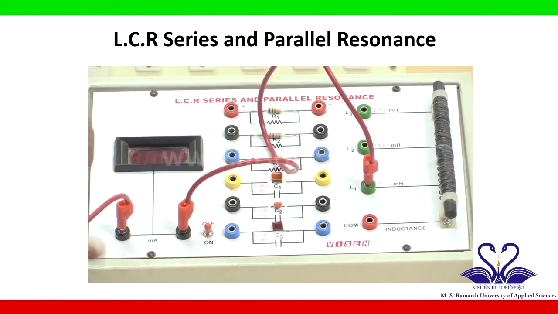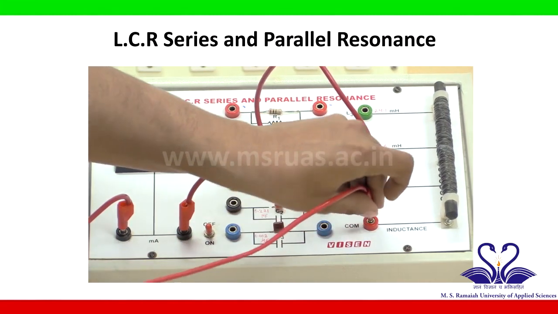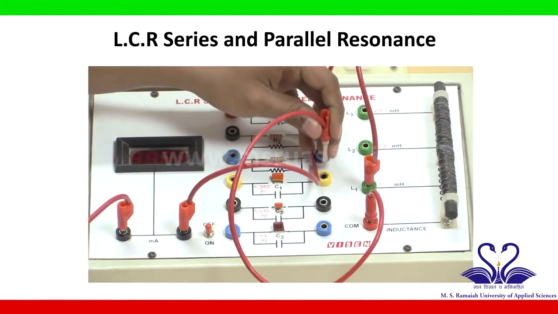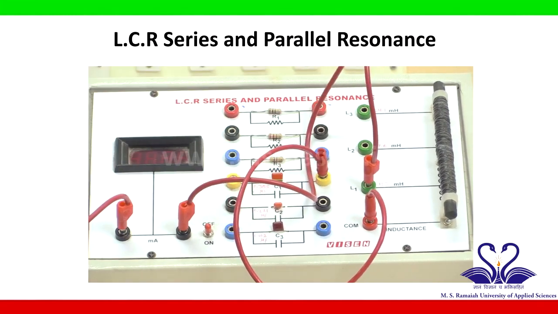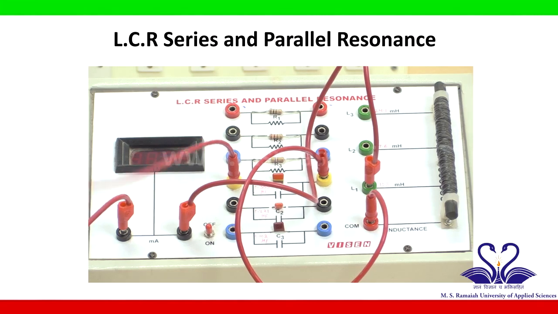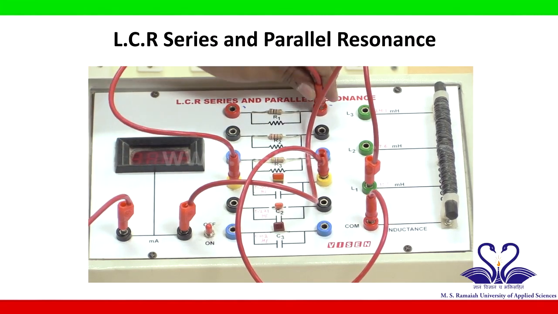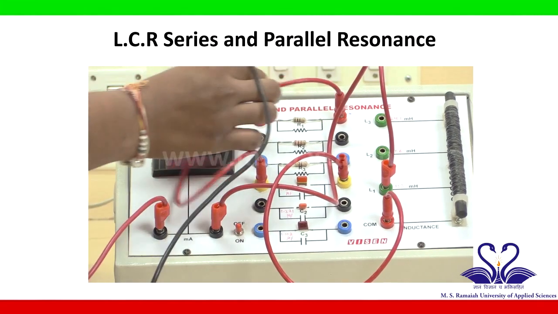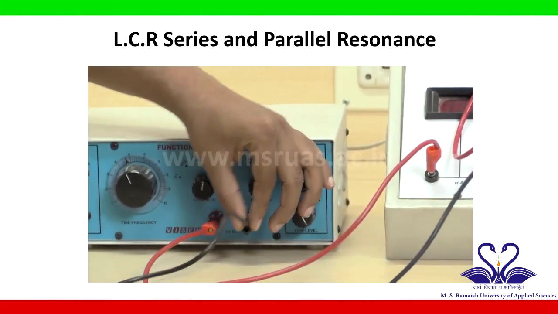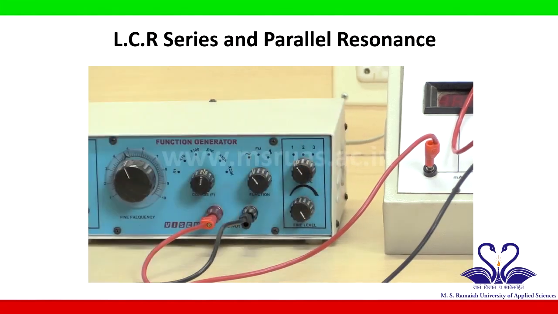Now from this red common terminal of inductance connect to the C1 terminal. From the other knob of the C1 terminal connect to the R1 terminal, and from the other terminal of R1 to the other terminal of the function generator.